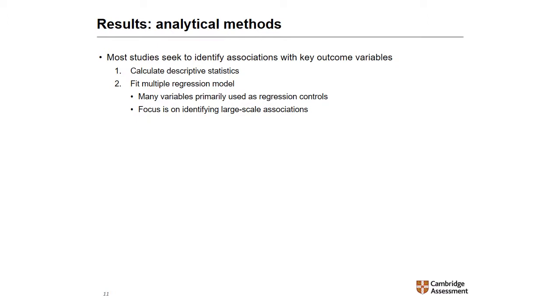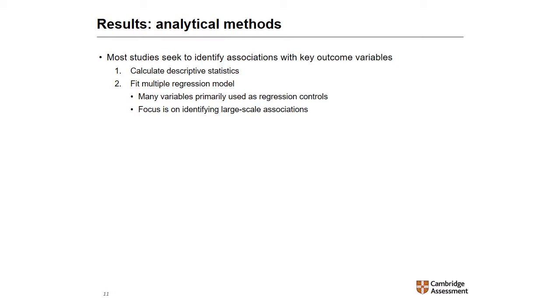So first, most of the studies sought to identify associations with a key outcome variable. So they're going to pick an outcome variable of interest, and this could be something like attainment or subject choice. And then they would look at the various background factors or demographic factors associated with that outcome. And this is often done with a two-stage methodology.